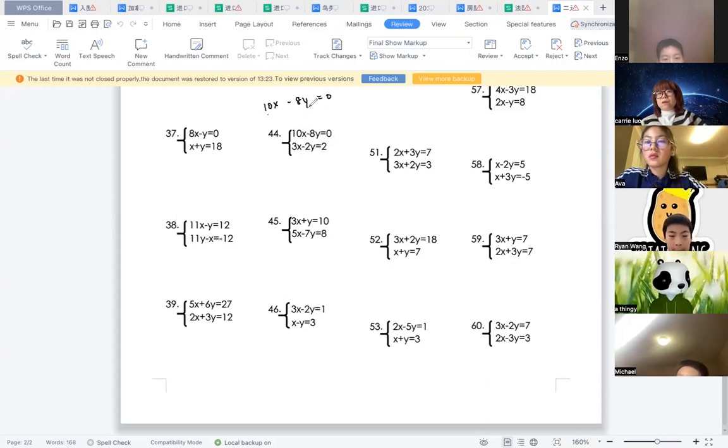Michael, all of them can be divided by 2 on both the left side and right side, right? We can times the same thing for each side, and we can also divide by the same thing for each side. So if we divide the first equation by 2, we get 5x minus 4y equals 0. Do you get it?